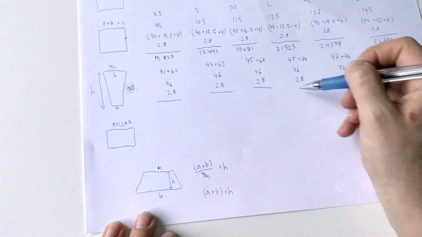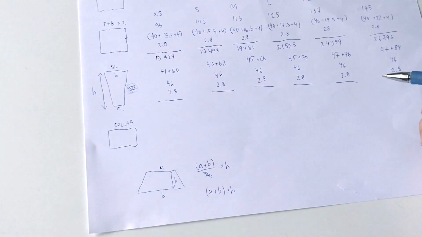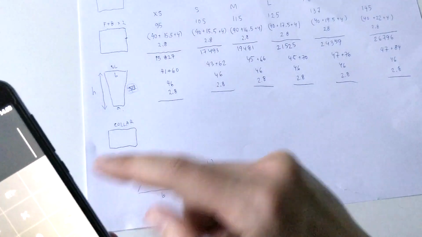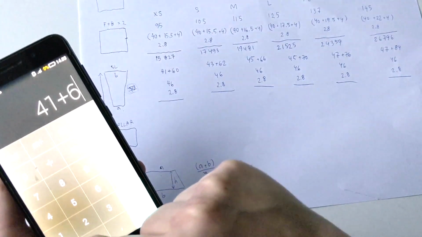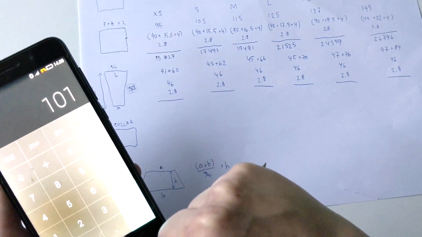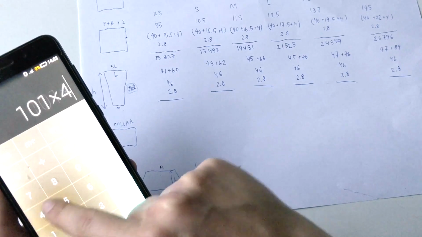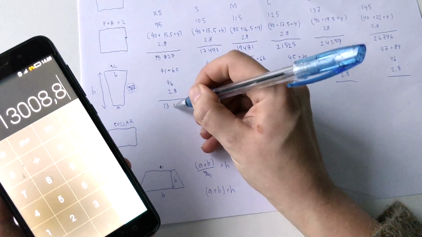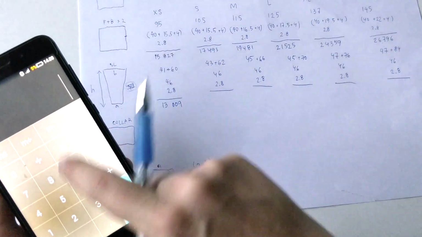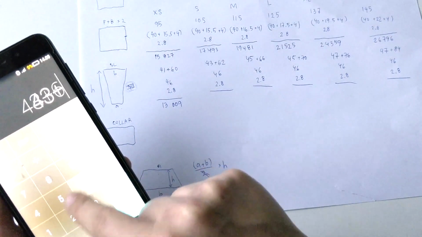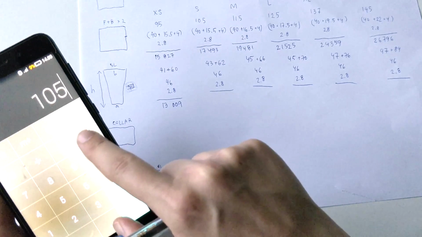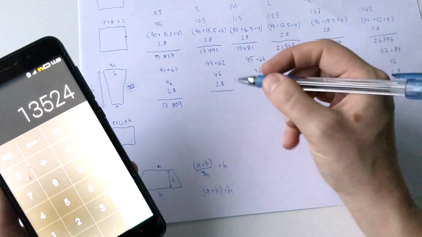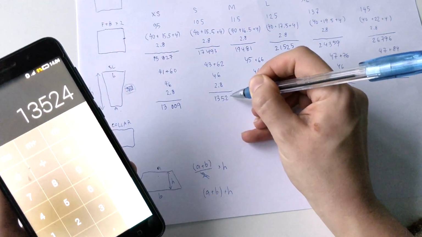Let's calculate the totals again. So 41 plus 60 equals 101 times 46 times 2.8 is 13,009 stitches. 43 plus 62, 105 times 46 times 2.8, 13,524.